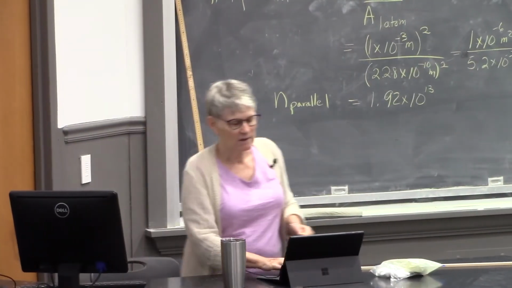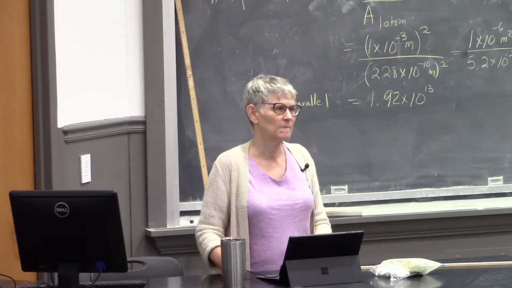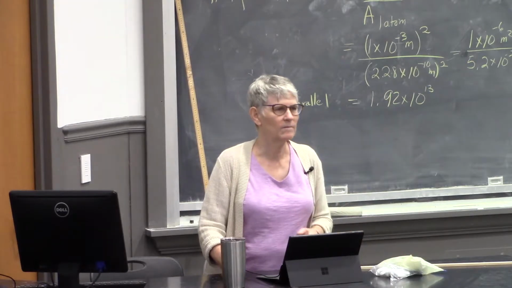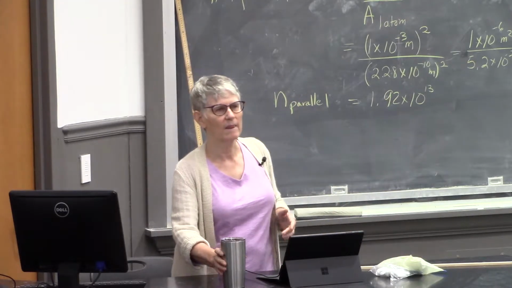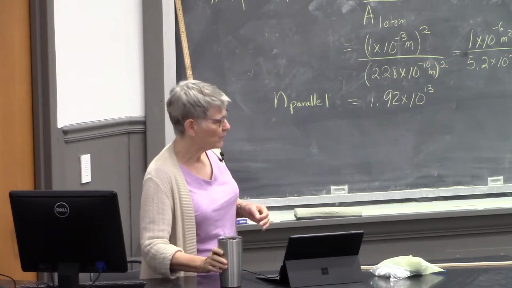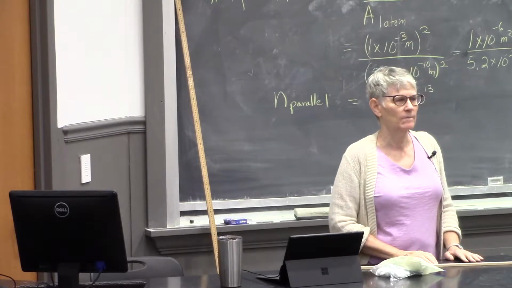So that's a little unexpected and sort of cool. Questions about that? Yes? So if it's like a softer element, it means the springs are softer? Mm-hmm. It means the chemical bonds aren't as stiff. Yep.